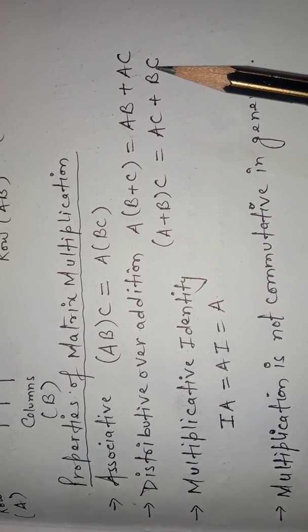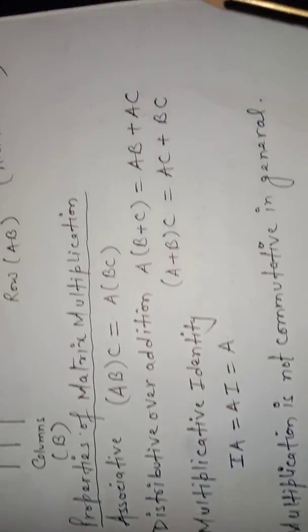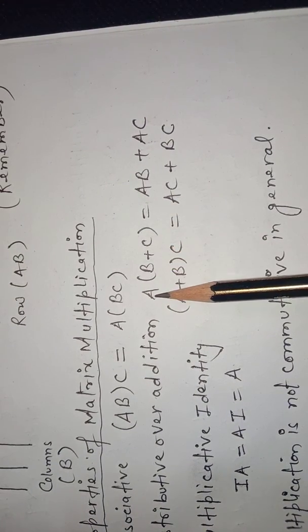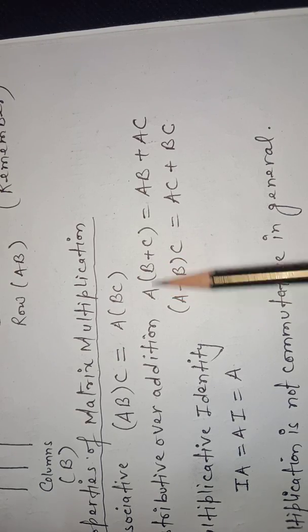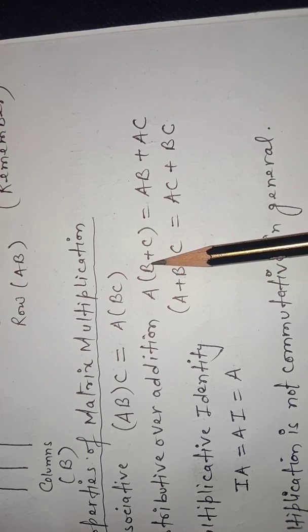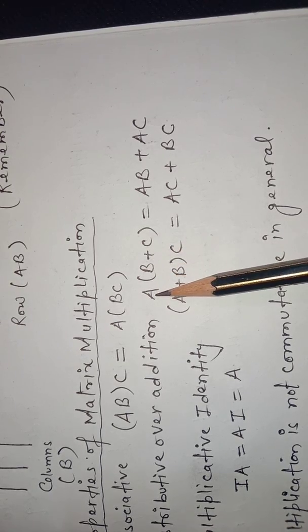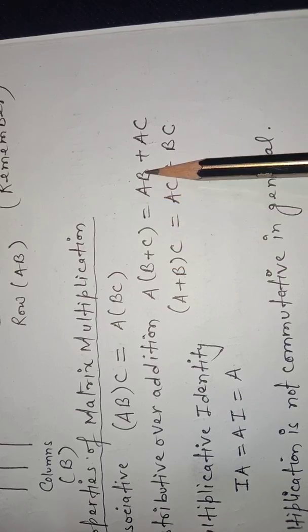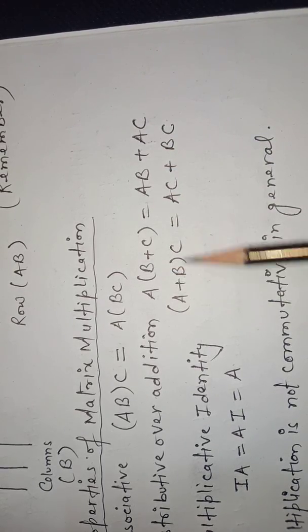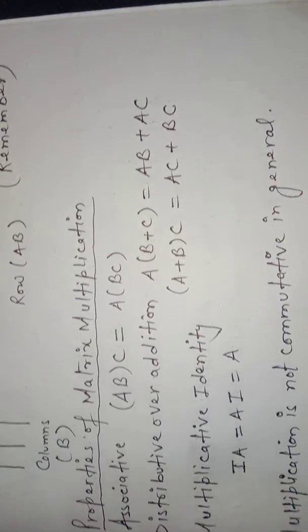Second is distributive over addition. What does it mean? It means two matrices are already added and we are multiplying by a matrix A, which is pre-multiplication, right? So we can distribute this product over addition, meaning we can multiply A with B plus A with C. Similar case here, AC plus BC.